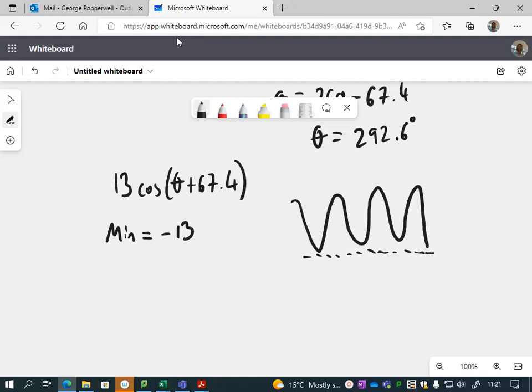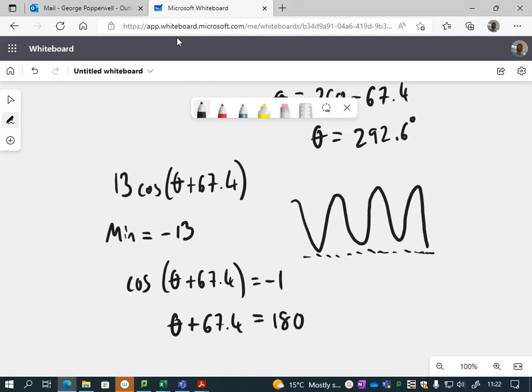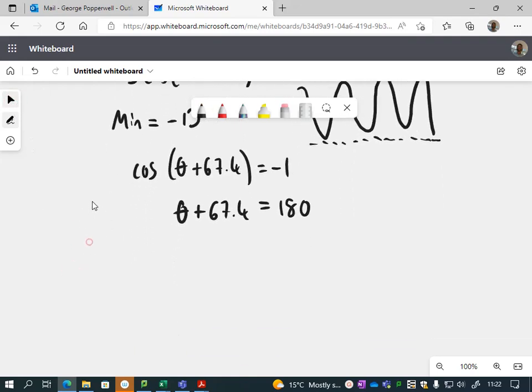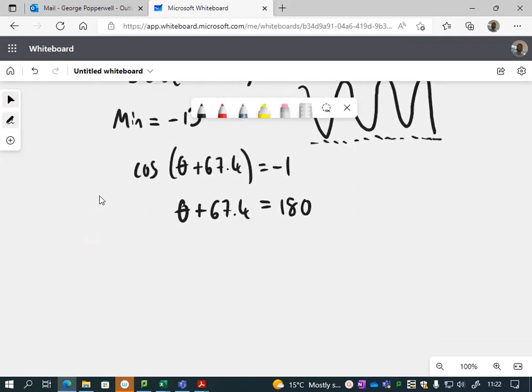It's going to be negative 13. It's just something we can state. So the minimum is going to be negative 13. And when does it occur? It occurs when cos(theta plus 67.4) is equal to negative 1. So find the value of theta when it happens. Solving that, I get 180. I can see this is going to be the only solution I require, and it's going to be in the range I want.